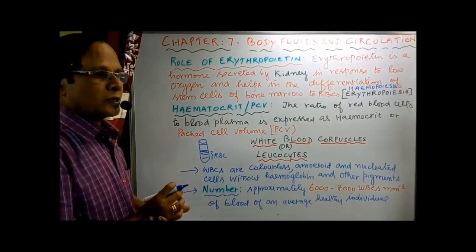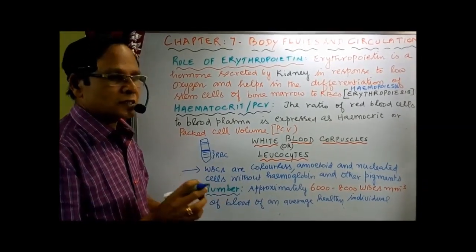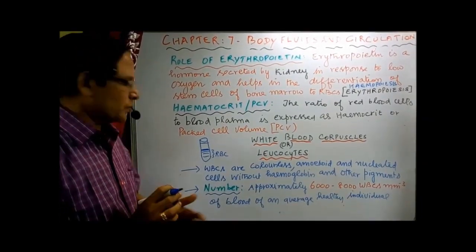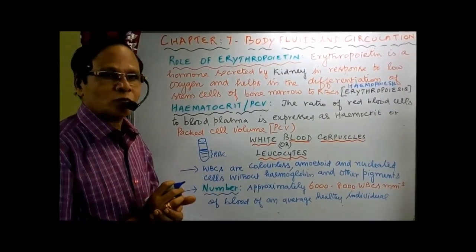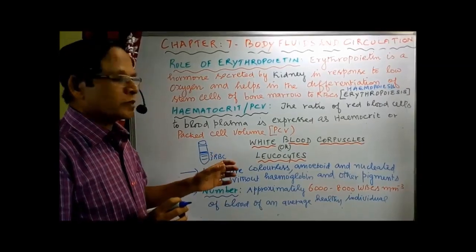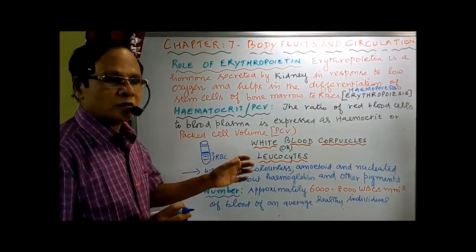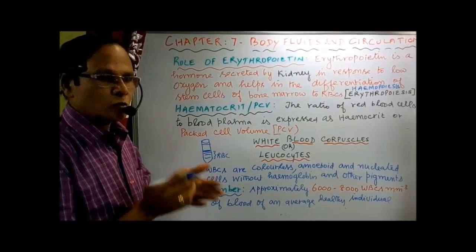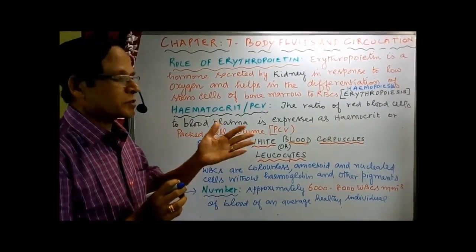If we take the total number of WBCs, it is least in number when compared to RBCs. RBCs are found in millions, but WBCs are found only in thousands. So approximately we have 6,000 to 8,000 WBCs in a known volume, namely 1 cubic millimeter of blood.